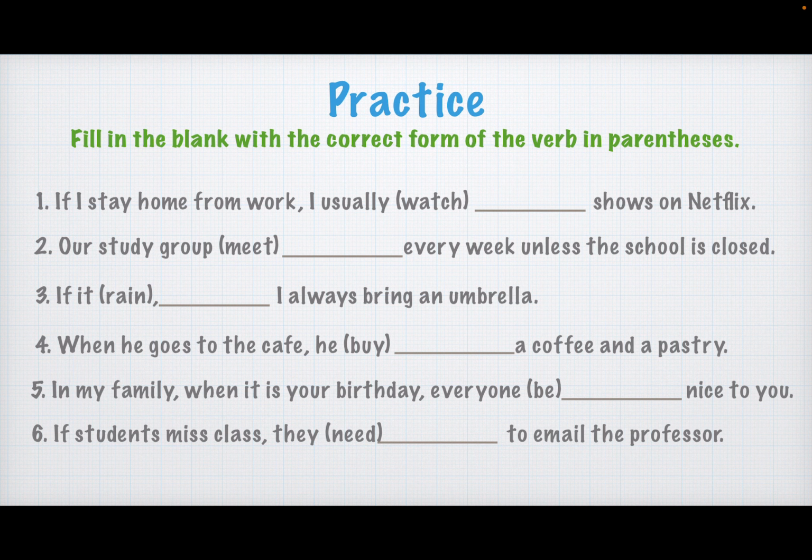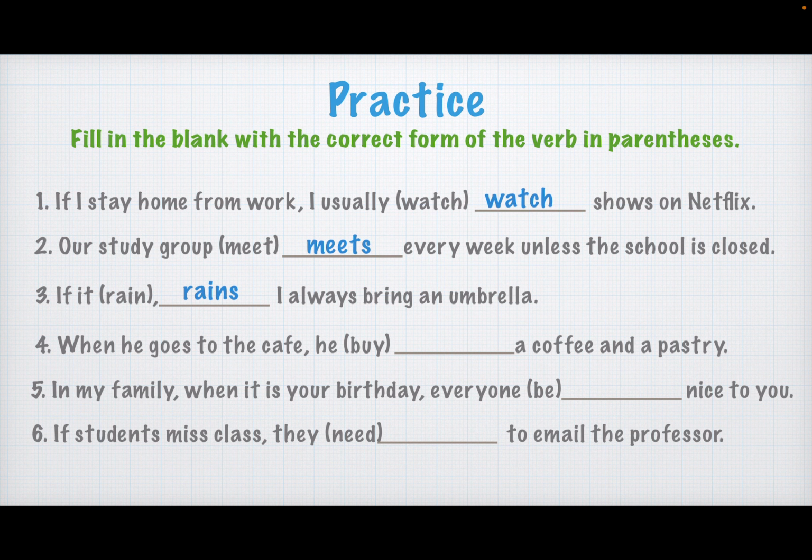So, number 1, if I stay home from work, I usually watch shows on Netflix. Simple present tense. Number 2, our study group meets every week unless the school is closed. Number 3, if it rains, simple present tense again. We're practicing the zero conditional here.